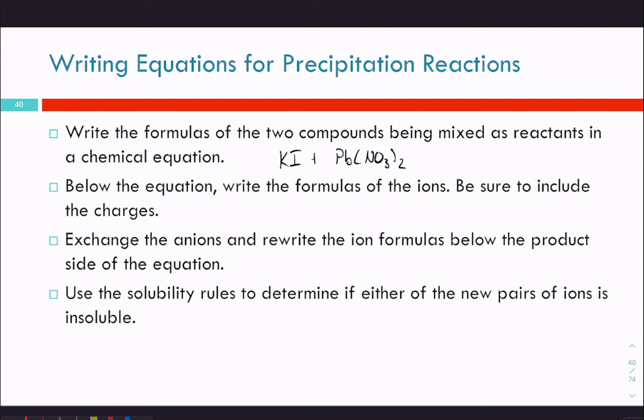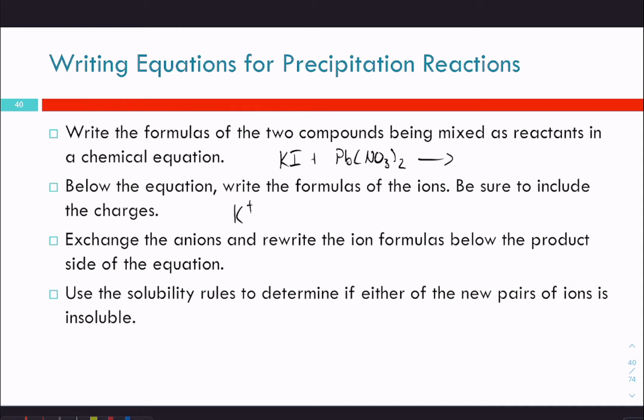So those would be our reactants in our chemical equation. Below the equation, write the formulas of the ions. I don't exactly like the way that's worded, but I guess it includes nitrate. So we're going to rewrite these with the ions separated. So we're going to break these out.